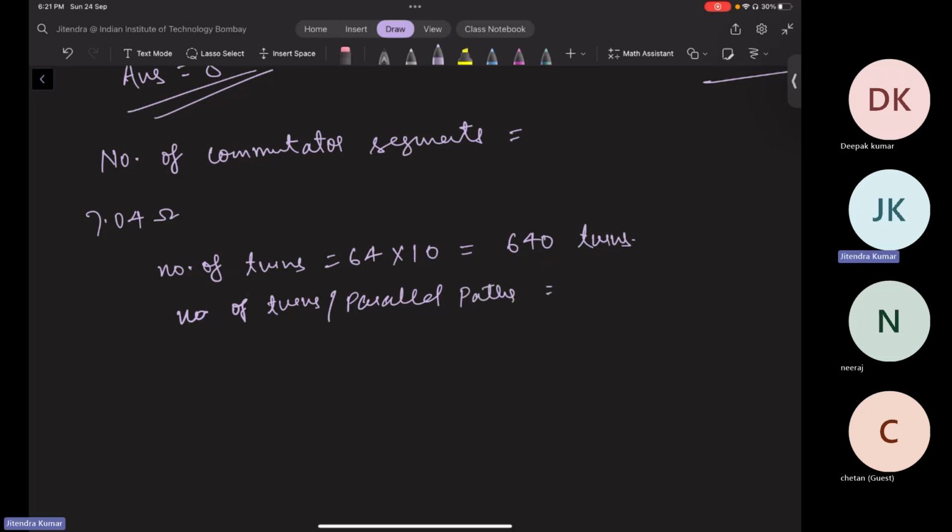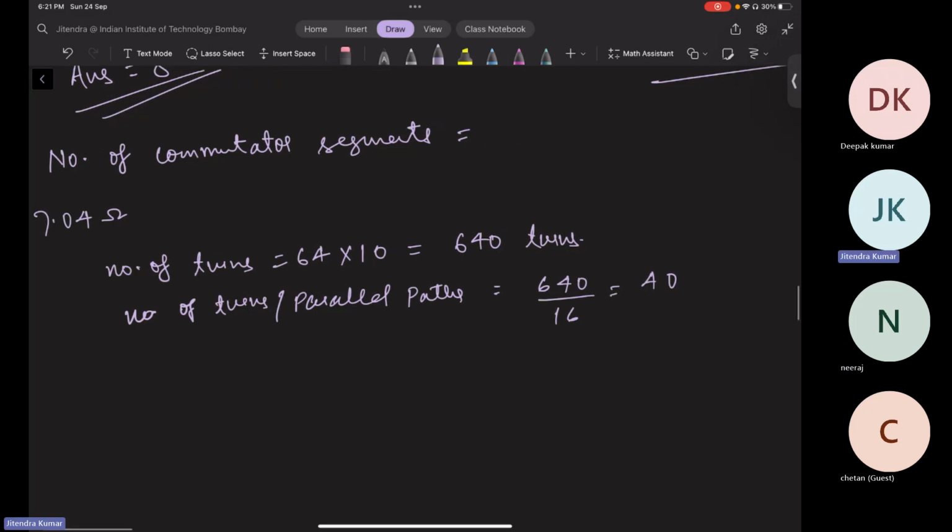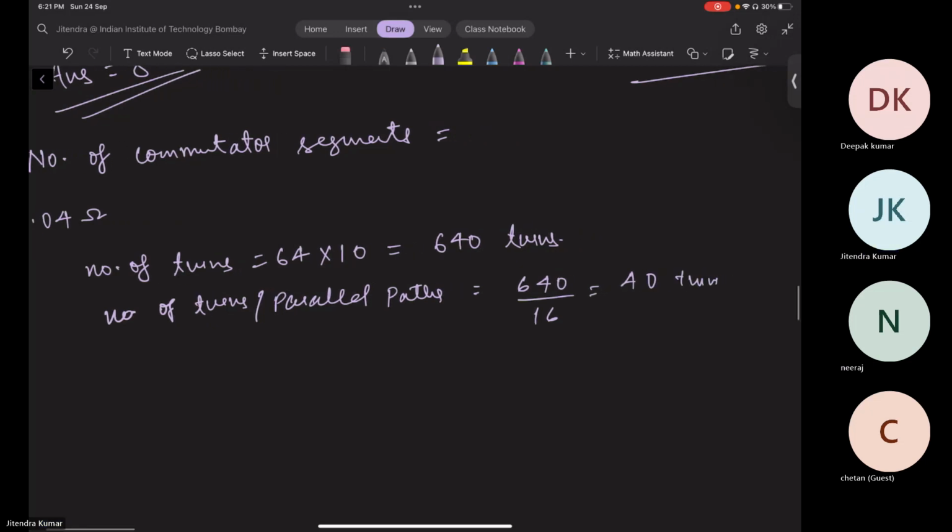The number of turns per parallel path would be 640 divided by 16, so it will be 40 turns per parallel path.